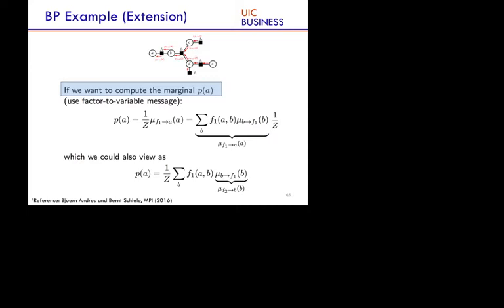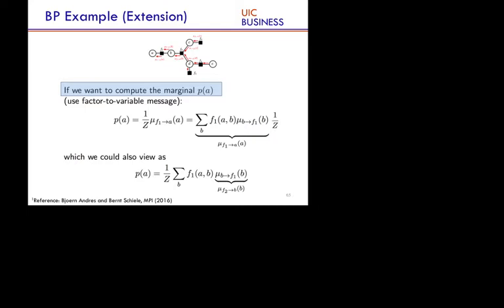Since B was only connected to two factors, B received one message, which was F2 to B, and I'm just going to pass that message forward to F1. So nu of F2 to B is just passed to the F1 factor node.